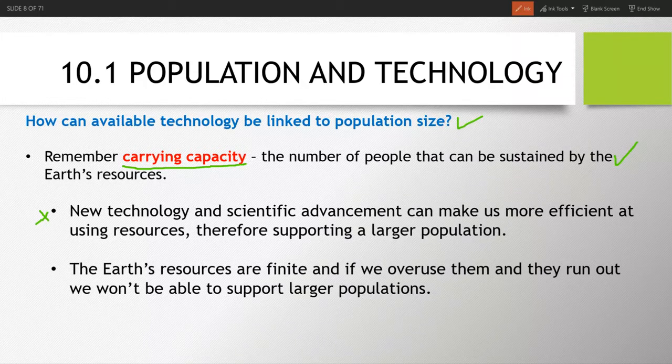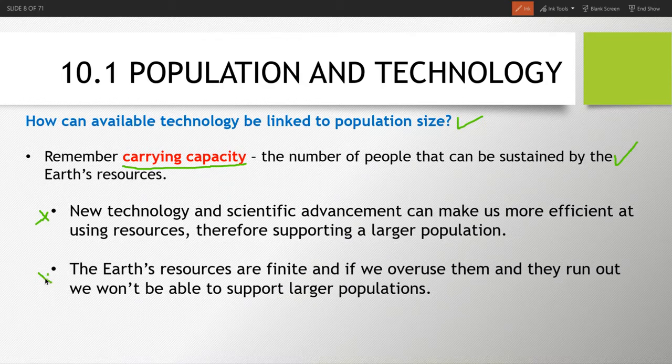We have the same amount of farmland, but maybe we have new types of fertilizer, harvesting technologies, and so on that can allow us to produce food faster for a larger population. Same amount of land area, but new scientific advancements allow a larger population, and therefore the carrying capacity of the Earth is higher in that example.